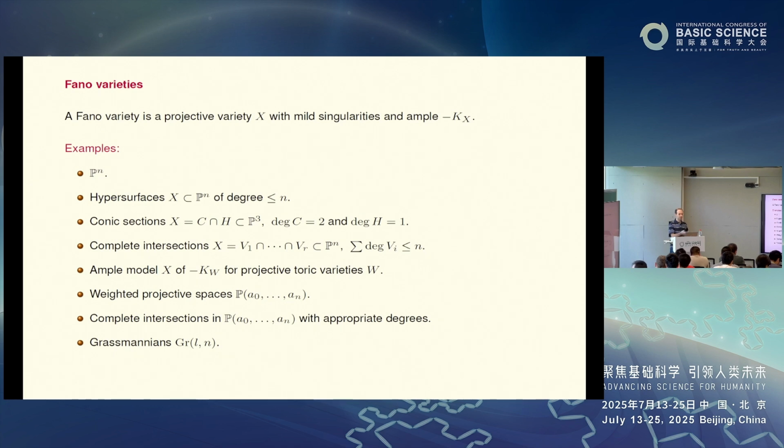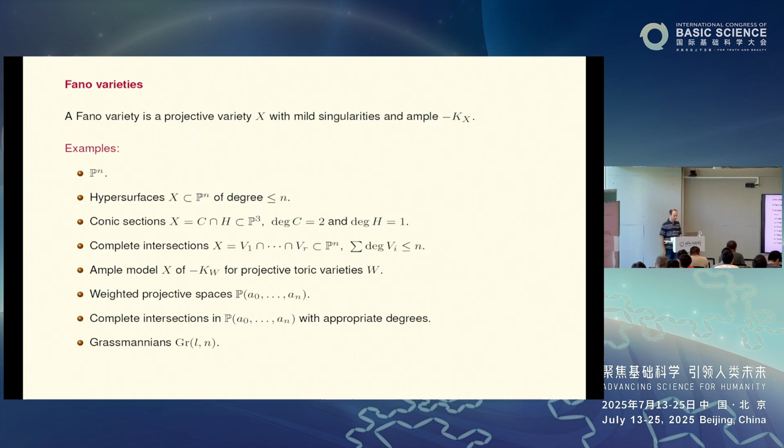And here I give you a list of very basic examples of Fano varieties. The most familiar one is the projective space. This is, in some sense, the simplest space in algebraic geometry, although it's actually not so simple, but at least one of the first spaces that we see, and it happens to be a Fano variety. Also, if you take hypersurfaces in P^n of low degree, up to n, then they are all Fano varieties if they have reasonable singularities.